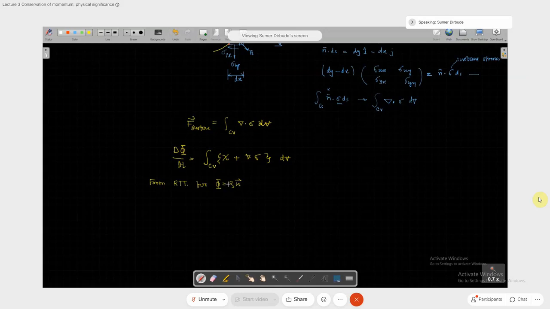If you define the total volume, you can write rho u, and phi is equal to u.